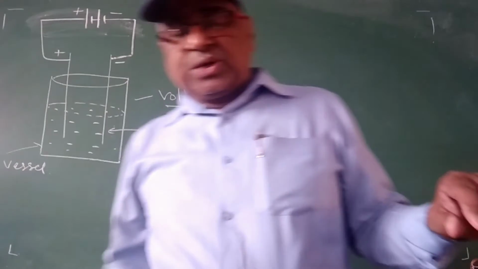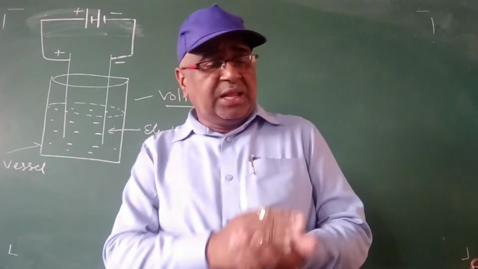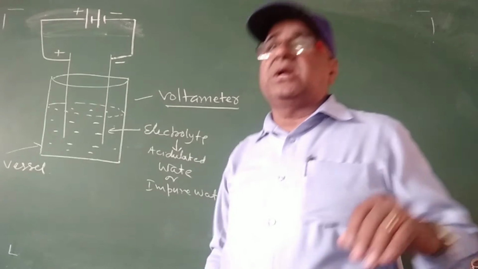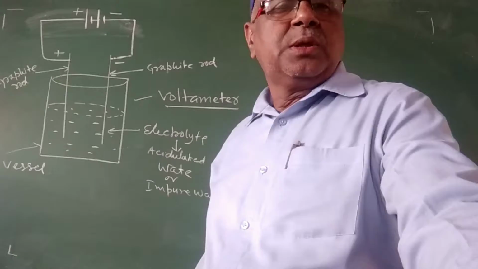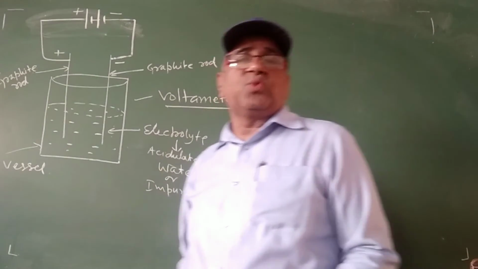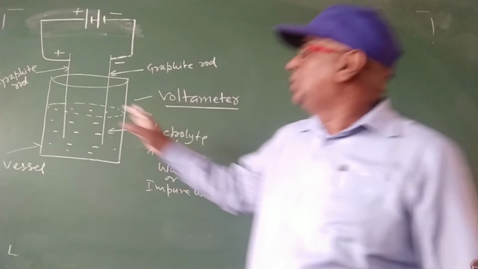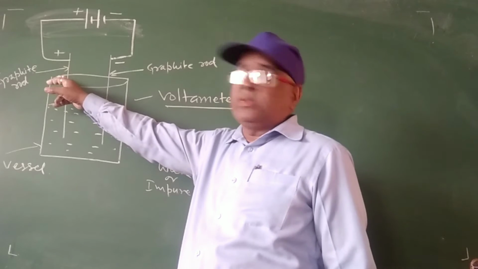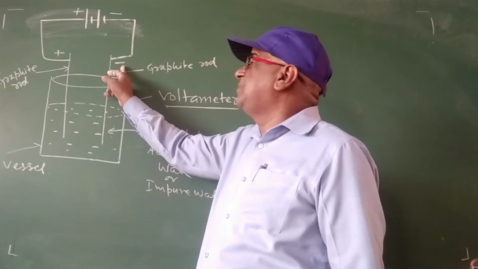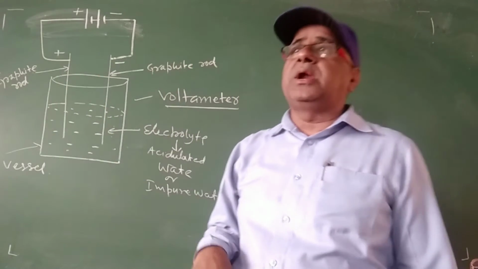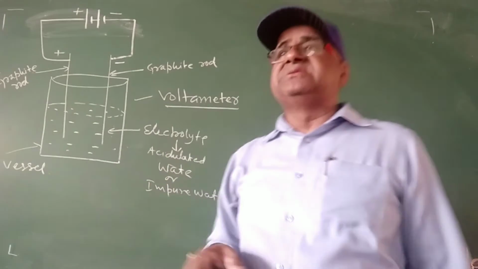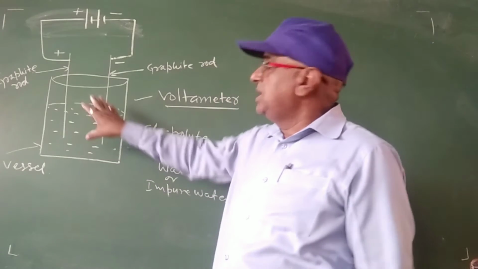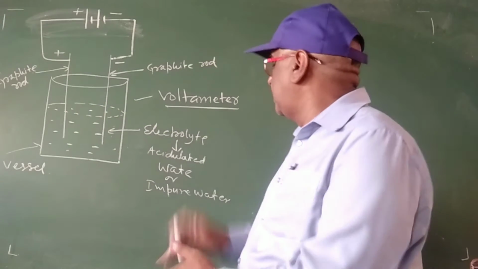In place of electrolyte we have taken acidulated water or impure water. In this experiment we have taken two electrodes. One is connected with the positive terminal, the other with the negative terminal. It is a graphite rod, like your pencil lead, which is a good conductor of electricity.